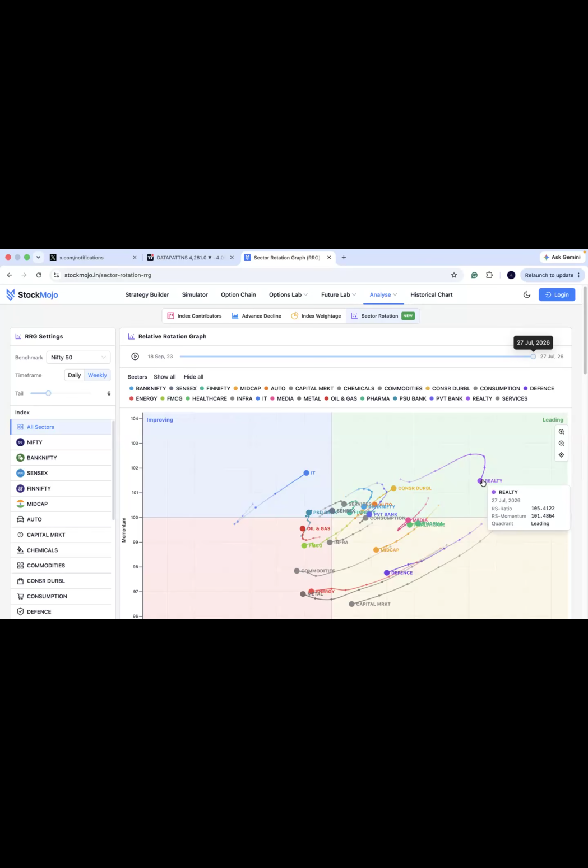The second thing you can see over here is the reality sector. The reality sector is still a leading sector, but it is losing momentum.